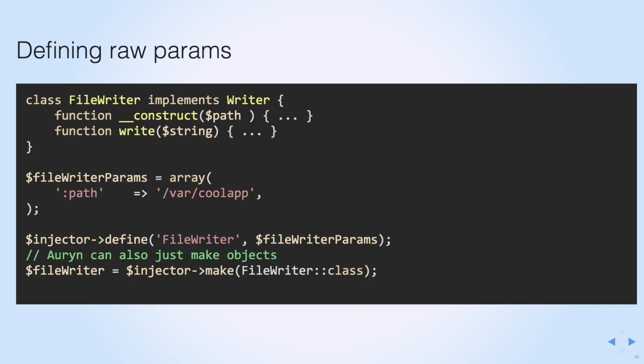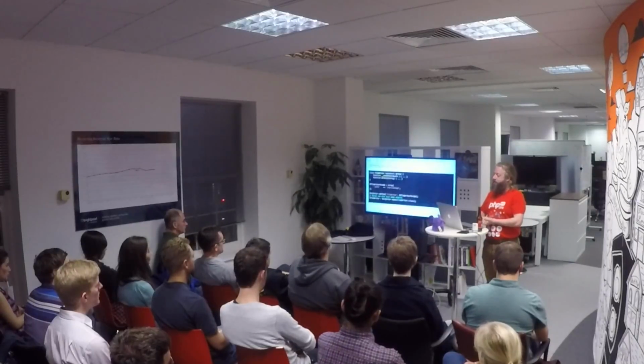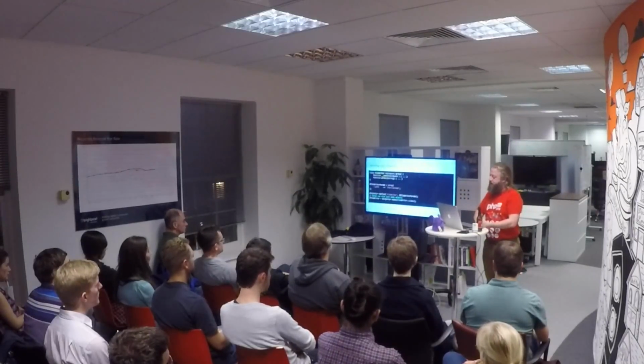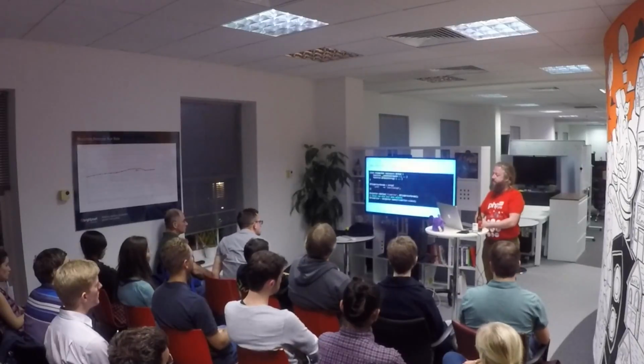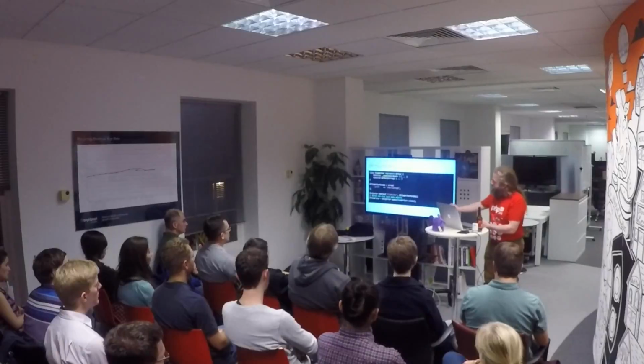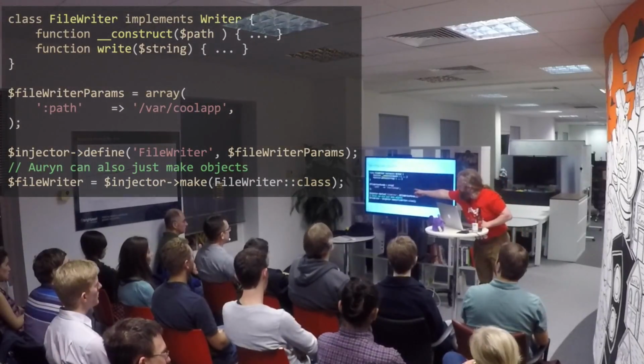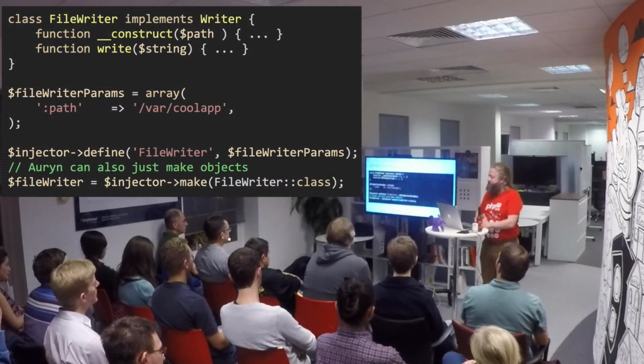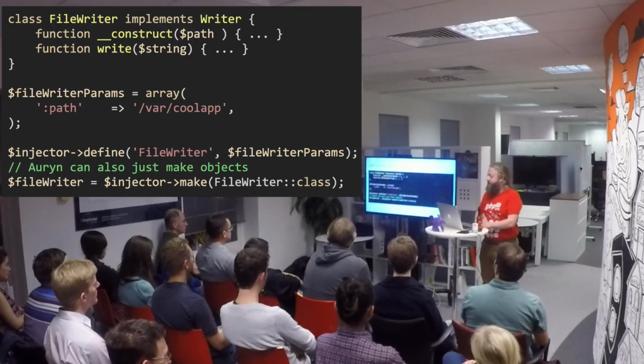Auron allows you to wire up parameters that need to be passed into either functions or classes. So here's an example of a file writer class that needs a path variable as the constructor parameter. Again, apologies to people at the back. The params are just colon path with the path of /var/coolapp.